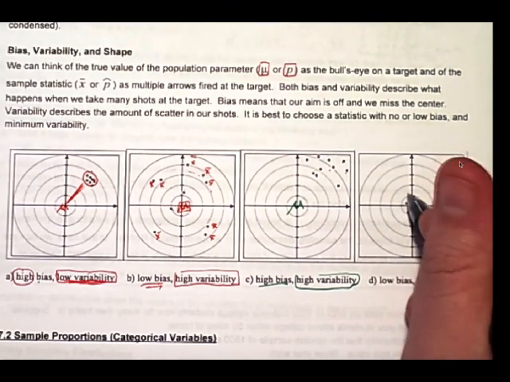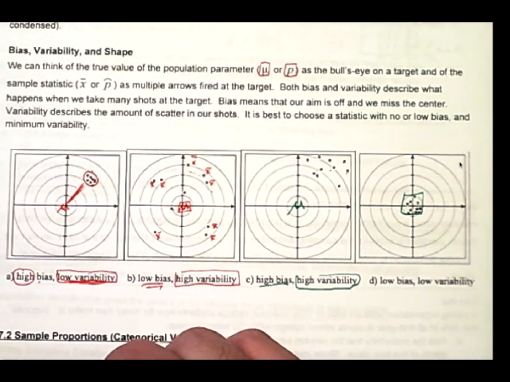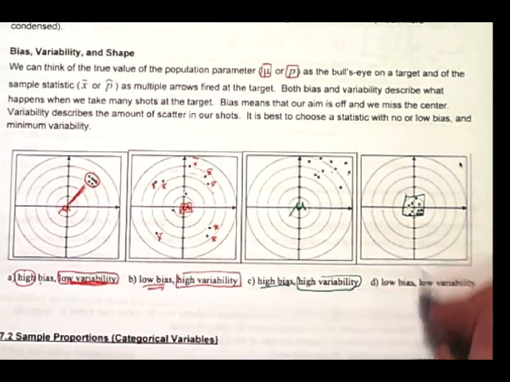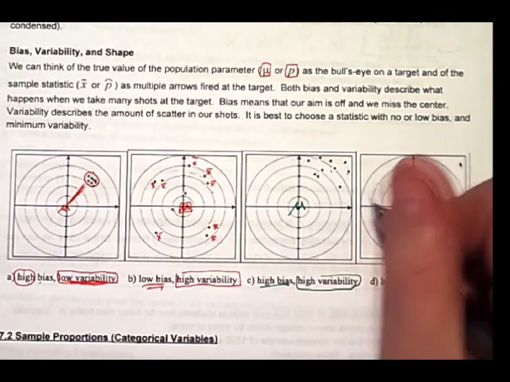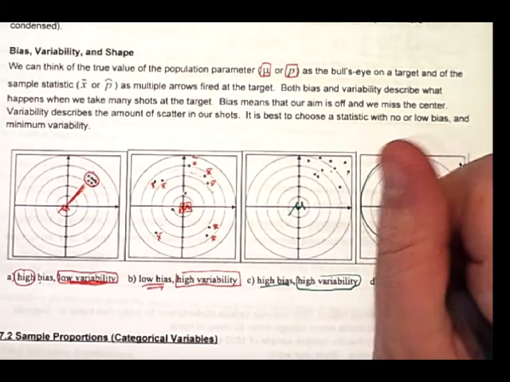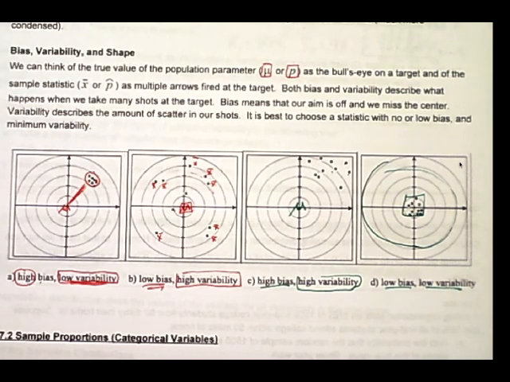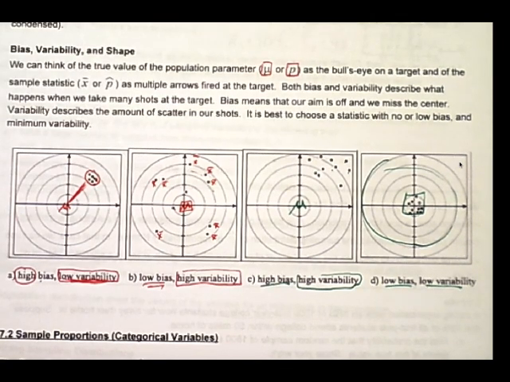But the best of both is right here. We're on target with every shot and we're precise. So that would be an example of low bias with low variability. This is the ideal world. Each x bar is fairly close to the true mean, which means there would be a low amount of spread or variability.